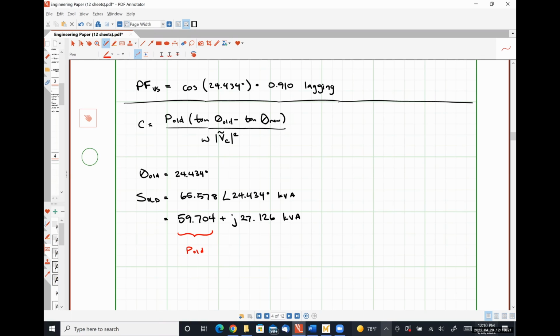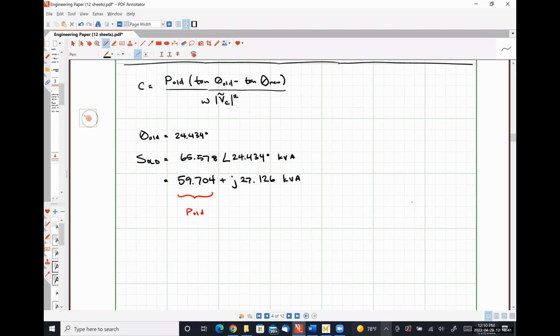So how do we get theta new? Exactly correct. Inverse cosine of PF new, which is the inverse cosine of 0.95, is 18.195 degrees.